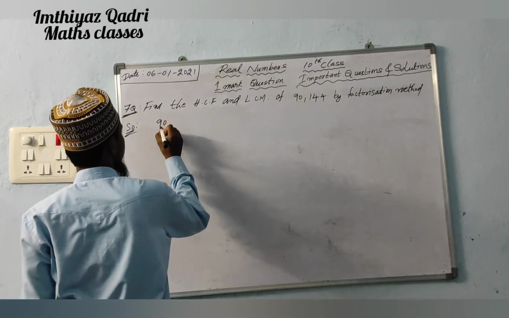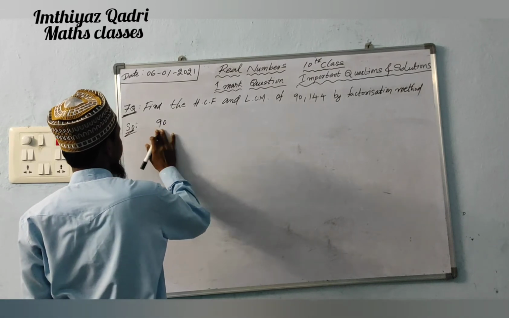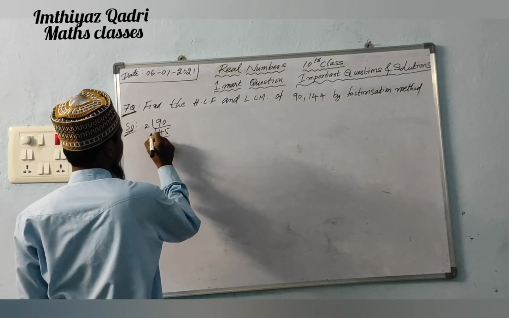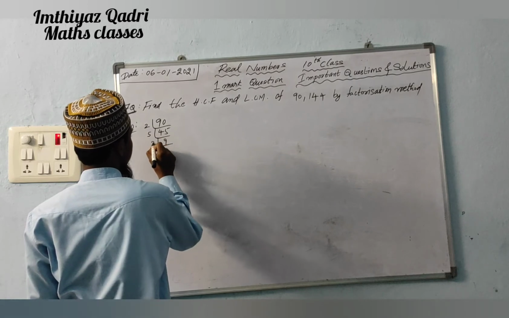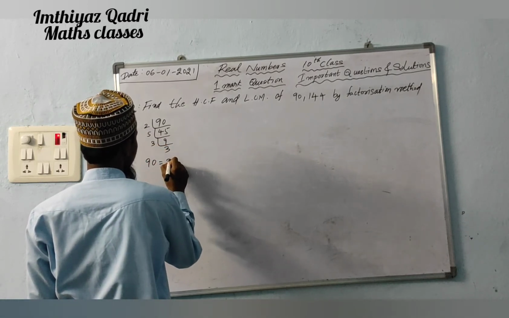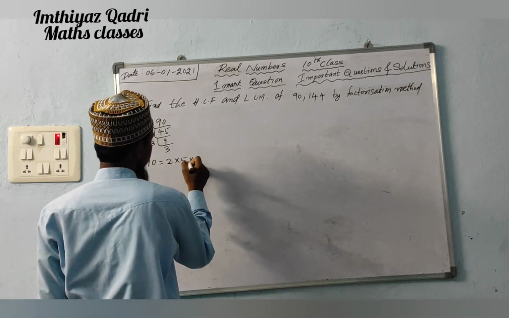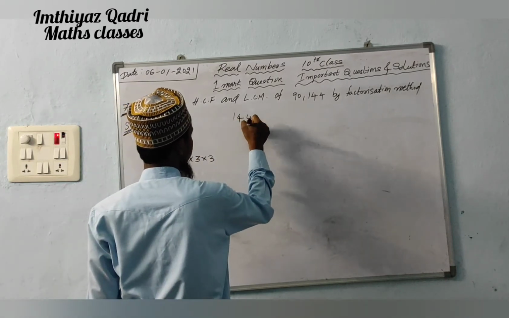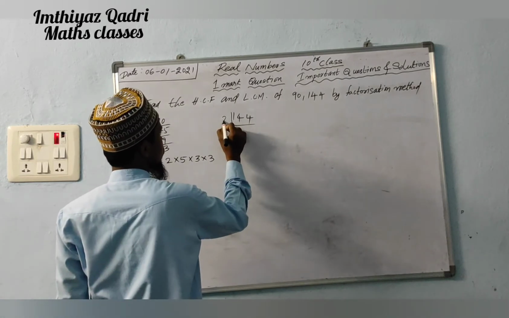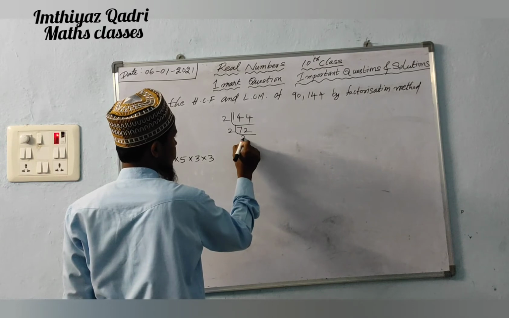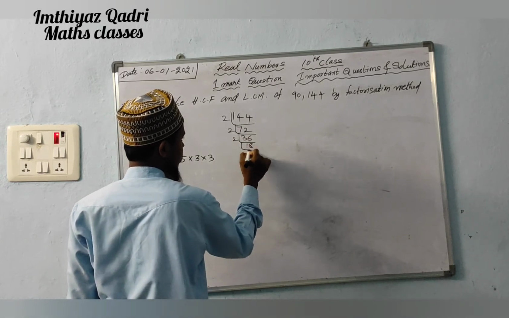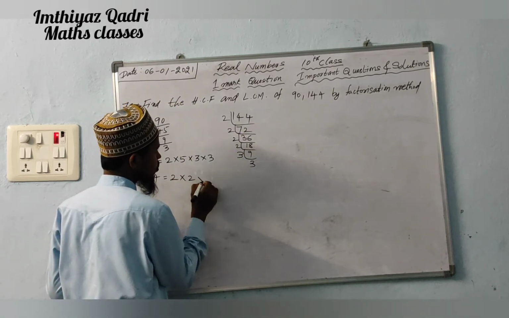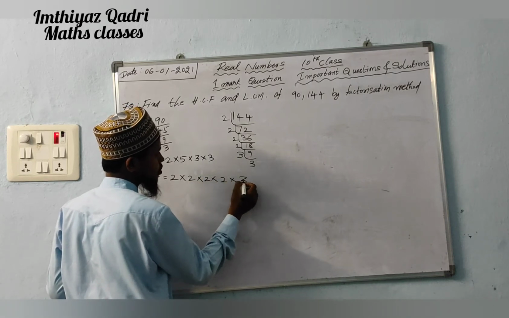See here, 90, we are finding factors. 2 times 45 is 90, 5 times 9 is 45, 3 times 3 is 9, so 90 is equal to 2 into 5 into 3 into 3. 144 also, take here: 2 times 72 is 144, 2 times 36 is 72, 2 times 18 is 36, 2 times 9 is 18, 3 times 3 is 9. So 2 into 2 into 2 into 2 into 3 into 3.